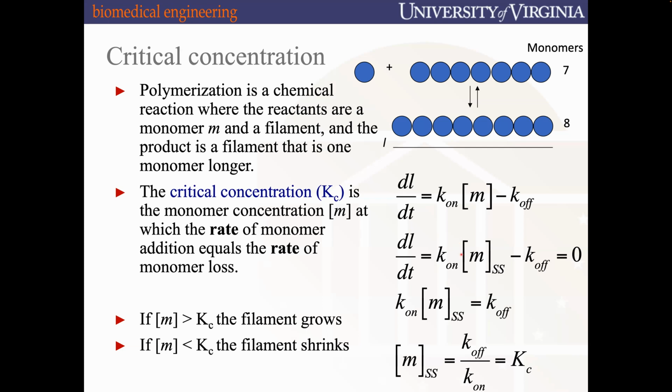But moving to the second equation, we're going to assume that this is at steady state. When it's at steady state, this length is not changing as a function of time, and so we can set this to equal 0. And so that's where this SS subscript comes in. Thank you for pointing that out. I should have explained this. This SS just refers to the monomer concentration at steady state.